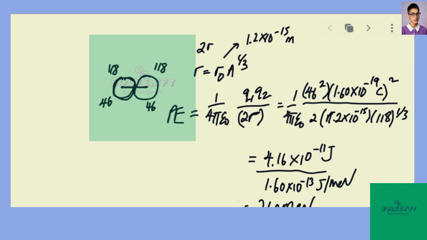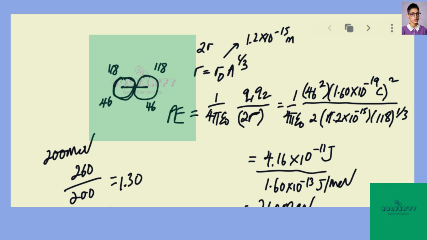From here we can compare with the fission energy, that is 200 MeV. So the potential energy is about, by taking 260 divided by 200, you get about 1.3.